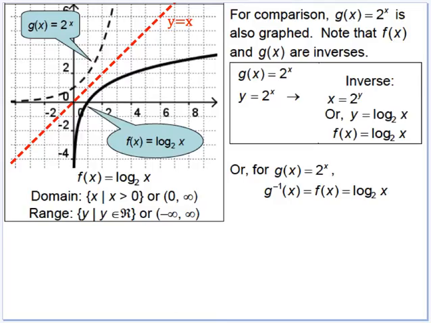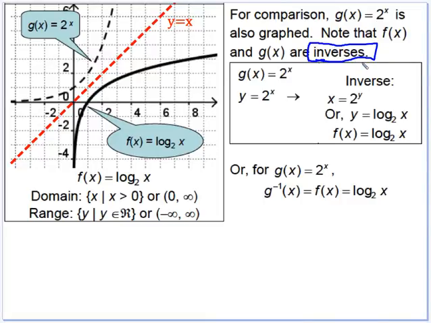Let's go ahead and look at the relationship between your exponential function that is here and your logarithm function that's here. Notice that they actually are reflections of each other over the line y equals x, and this is because they are inverses of each other. On the worksheet tomorrow, you'll need to know what that relationship is.